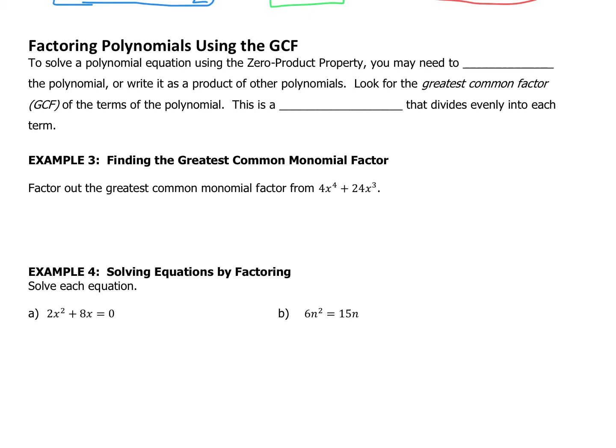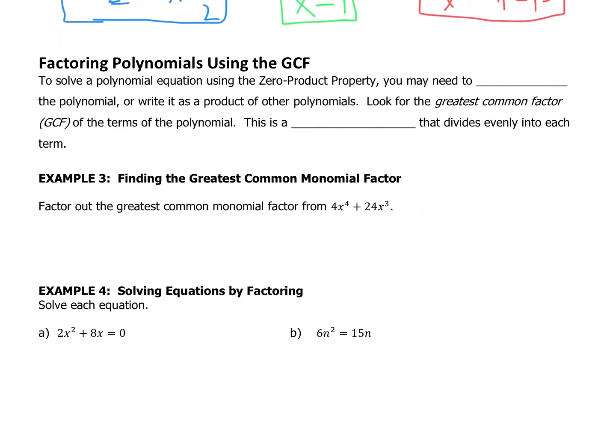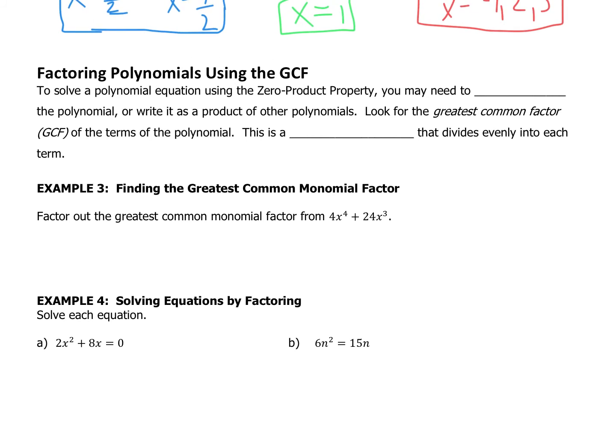So now we want to solve a polynomial expression with the zero product property. Sometimes what we need to do is factor, or write it as the product of two polynomials.